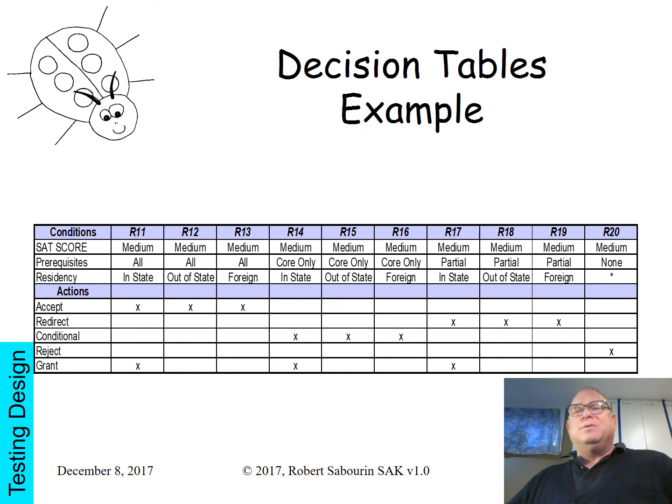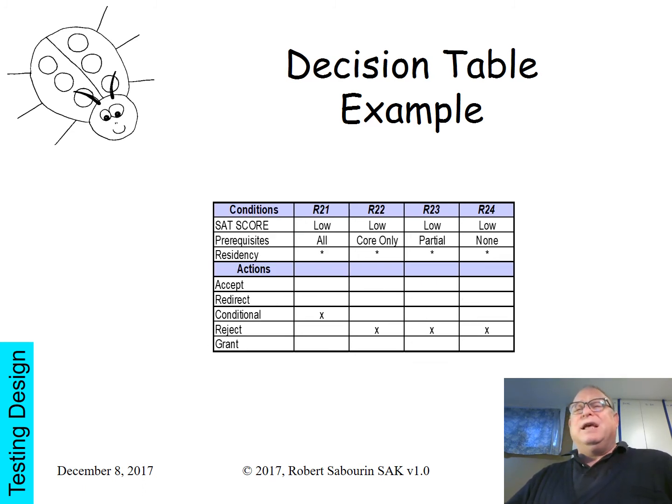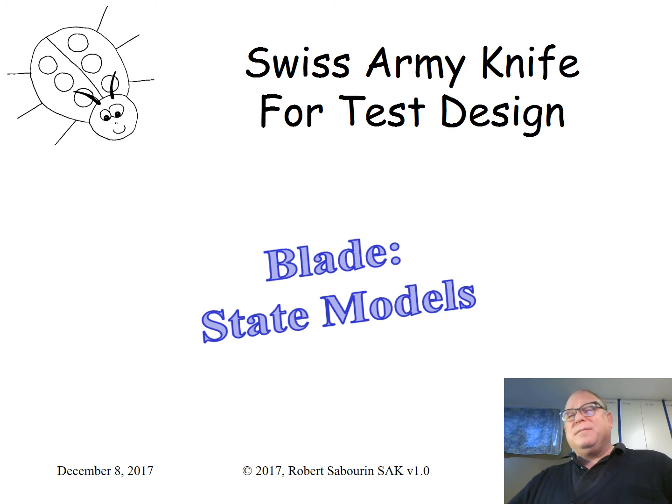Let's read rule number 14. It says, if you have a medium SAT score and you only have the core prerequisite, but you live in the state, then we're going to give you a conditional acceptance, and we're going to offer you a grant. So you see it's read linearly, top down. For each and every column here, you would create a test case. So that's decision tables.